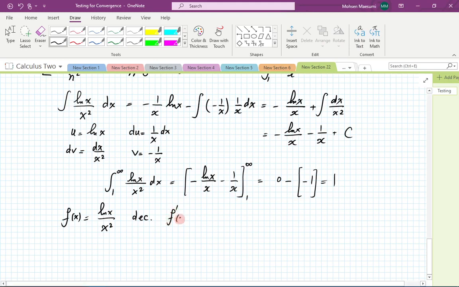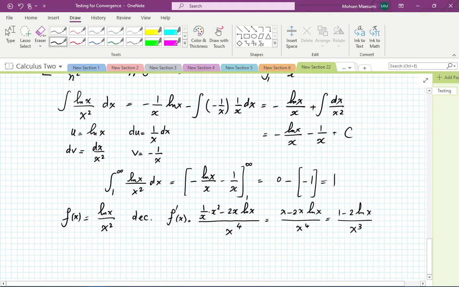So I have f prime of x: derivative of numerator is 1 over x times denominator, minus denominator's derivative times the numerator, over denominator squared. So it's going to be x minus 2x logarithm of x over x to the power of 4, or 1 minus 2 logarithm of x over x cubed.